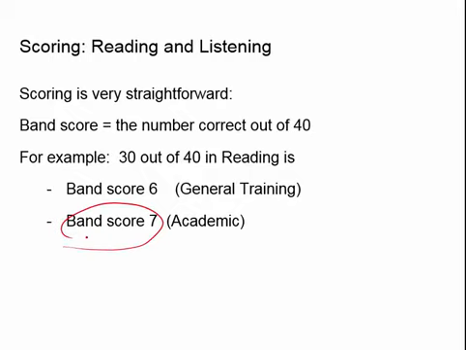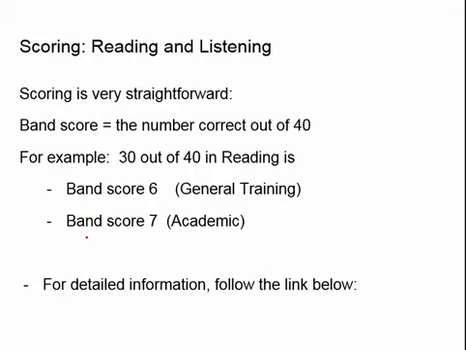They're different exams and they each have their own grading criteria. But just know that it is a table they follow, and the number correct you get out of 40 will be your band score for that section. You can see the tables for academic and general training reading scores and listening scores if you follow the links below.